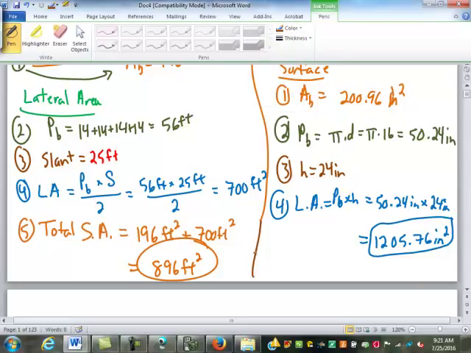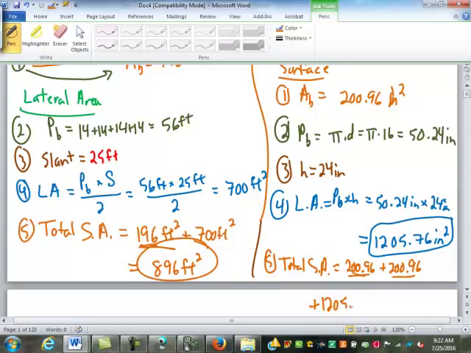So we can finish this off. Our total surface area is 200.96 square inches plus another 200.96. Notice this time we added it in twice, where over here we only did it once, because over here there are two bases. There's one on bottom and one on top.